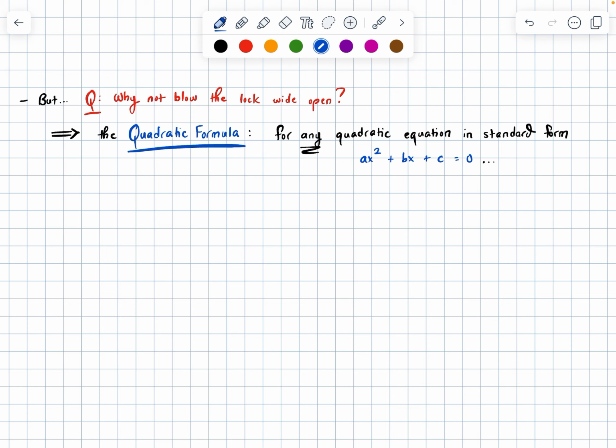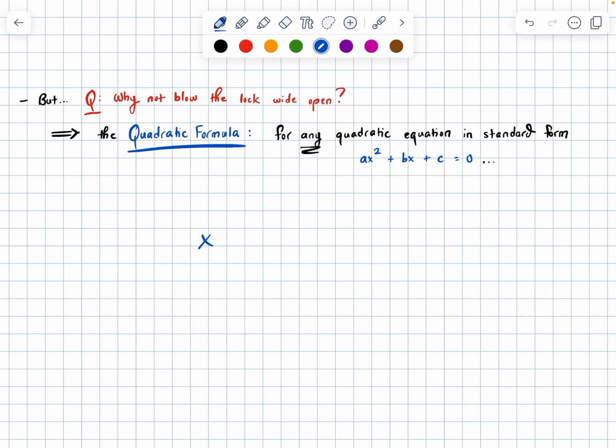Now I'll write it out for you. And then the exciting part comes from showing why it makes sense and where it comes from. The quadratic formula, given an equation ax squared plus bx plus c equals 0, is as follows.